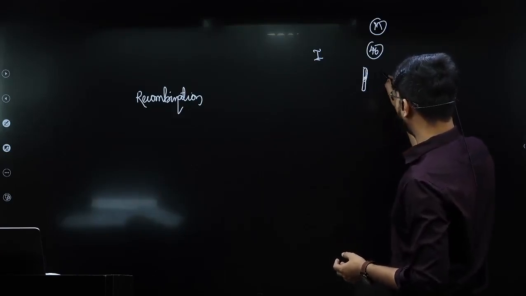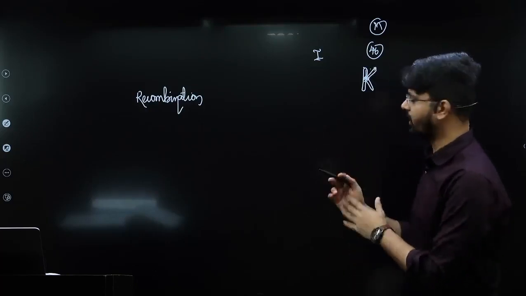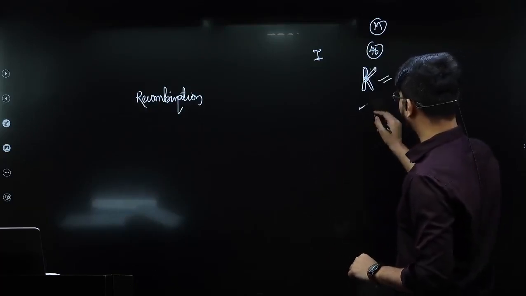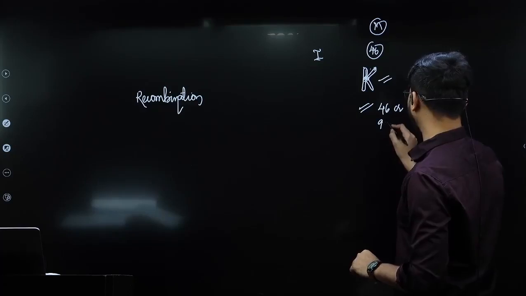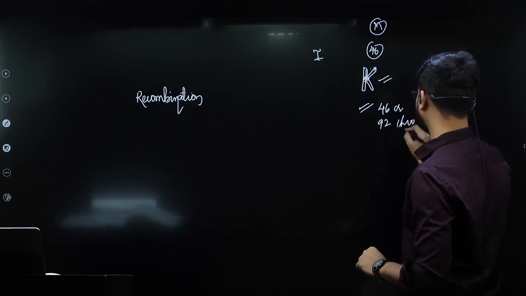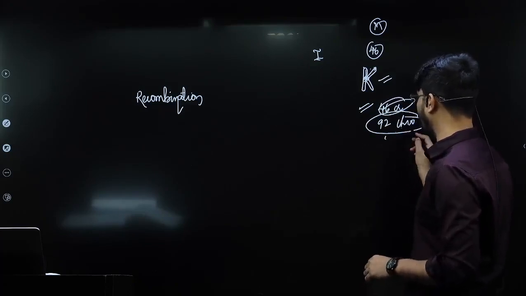Now they will multiply themselves, they'll replicate. So you'll have 46 chromosomes and 92 chromatids.